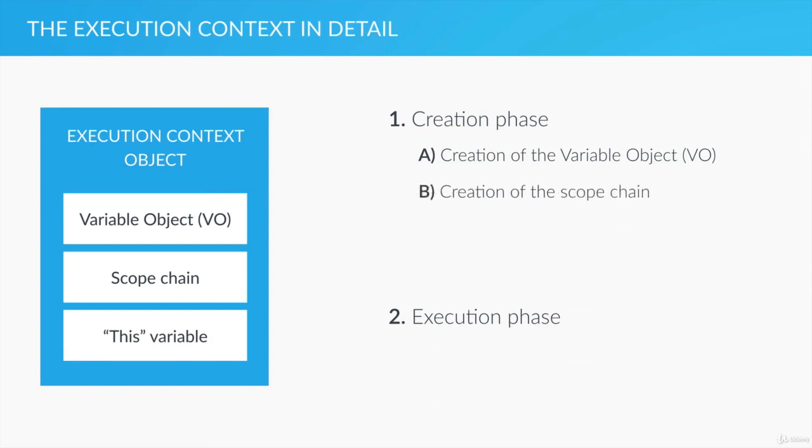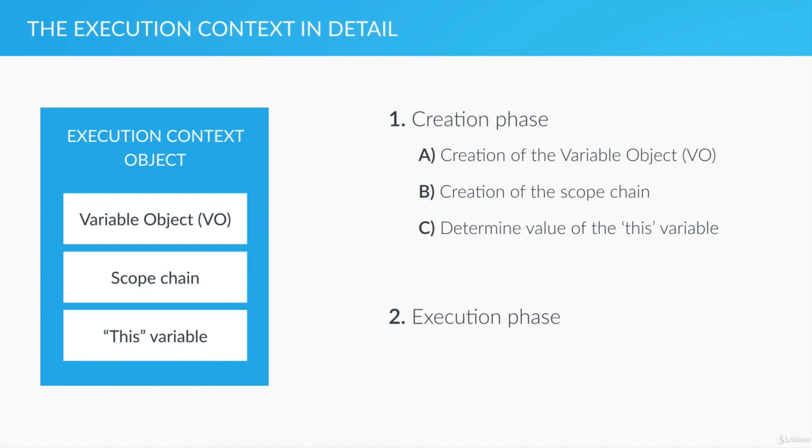Then the creation of the scope chain, and this is a huge topic for itself, so we'll talk about that in the next lecture. And lastly, the this variable is determined and set. So basically, the properties of the execution context object that we have here on the left side are defined.